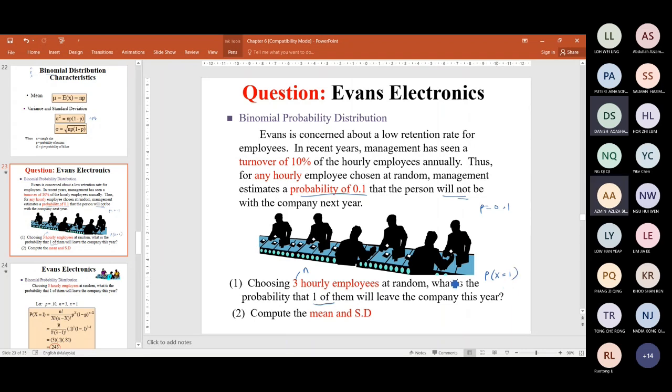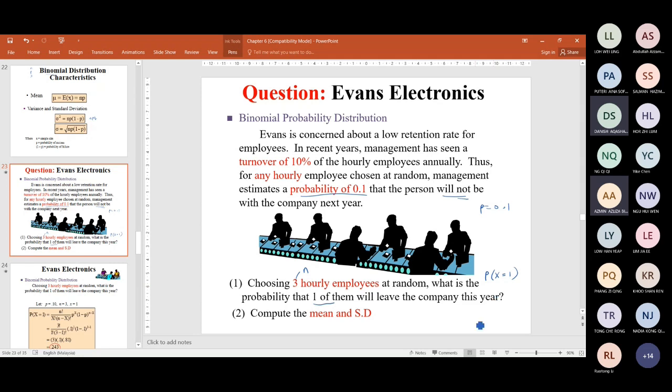X here is for the employee who will leave the company, and P is the probability that the employee will leave the company. Not retained. It should be easy, we have all the values. We have N equal to 3, we know P is 0.1. So just find this one.